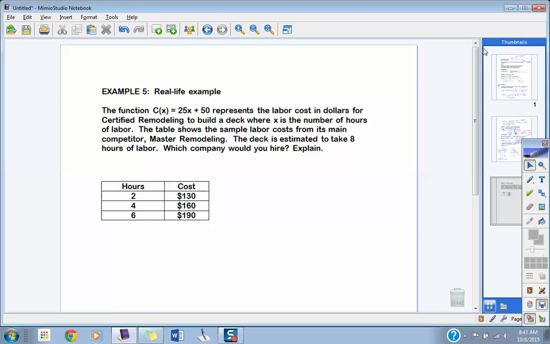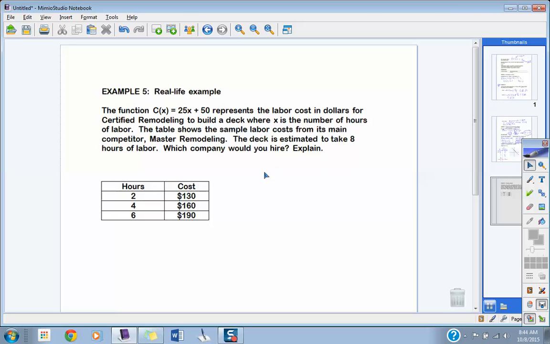It says the function c of x equals 25x plus 50 represents the labor cost in dollars for certified remodeling to build a deck where x is the number of what? Hours. Okay, so they're going to take some time and build a deck. That'll be just the labor cost, not the material, but just the labor. So certified remodeling over here is defined as, I'm going to write this down here.